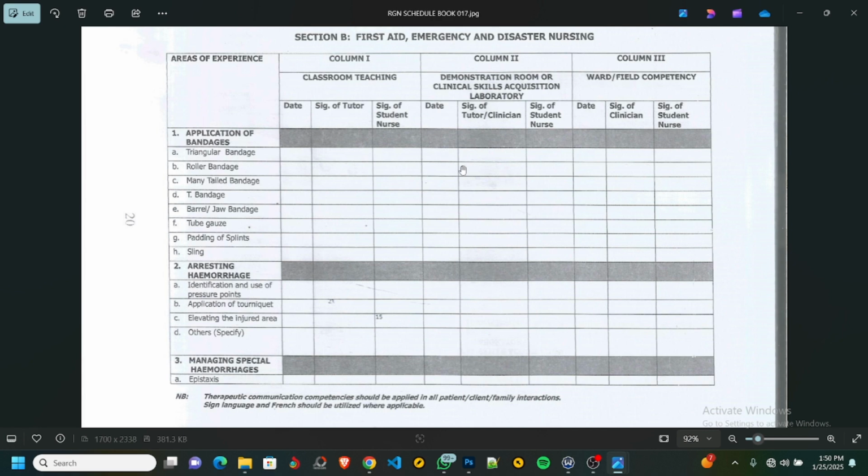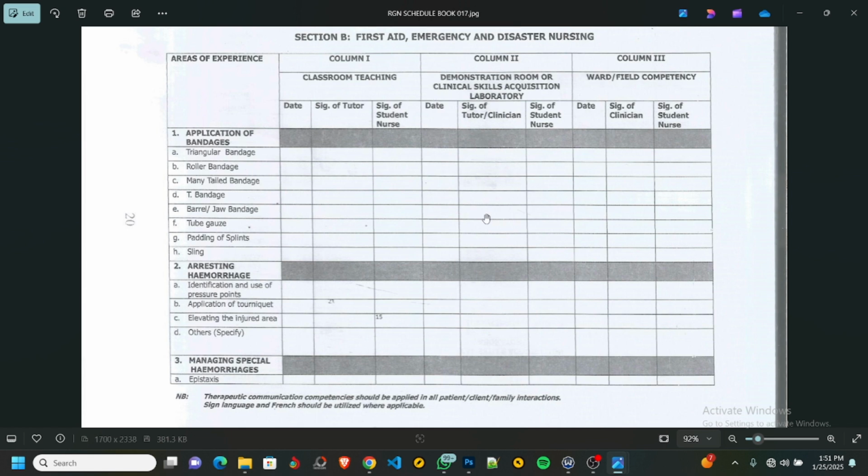And in this case, you might even get to a third year in some of these, and you will not have a field experience for, let's say, application of roller bandage. This might be because of where you find yourself and doing your practicals. But it doesn't matter. As a student, you need to always find a way of learning, and that is how come it is demonstration.